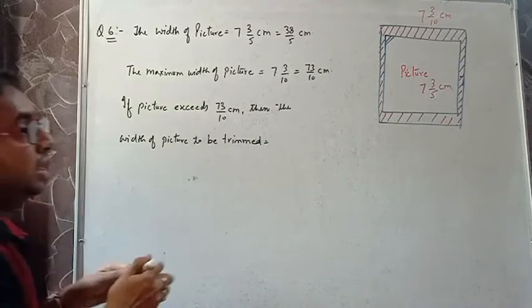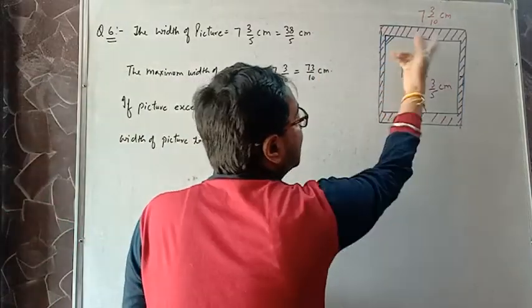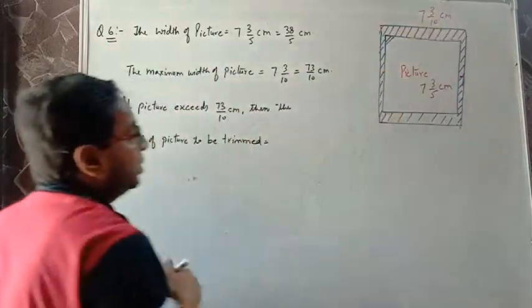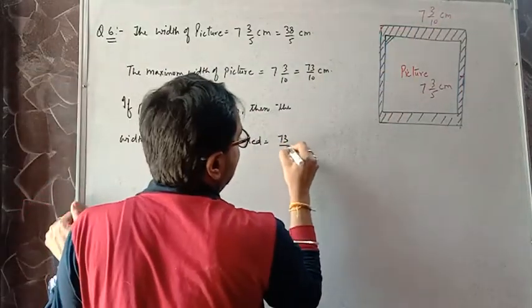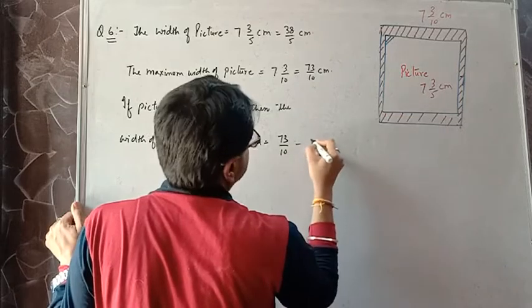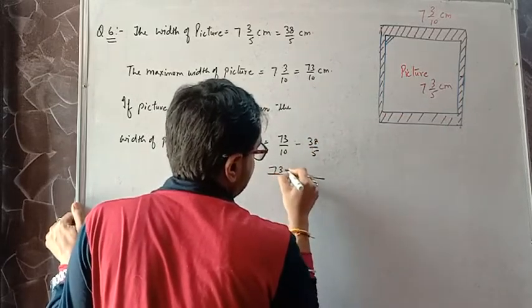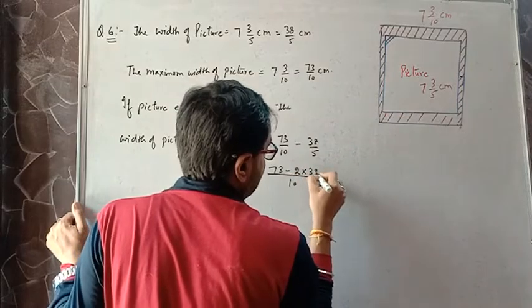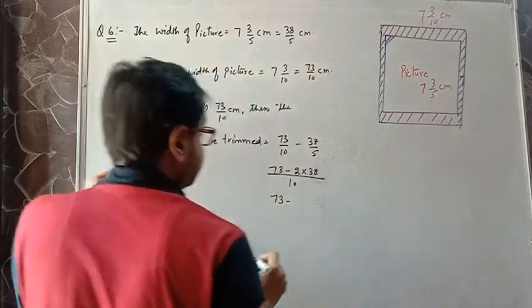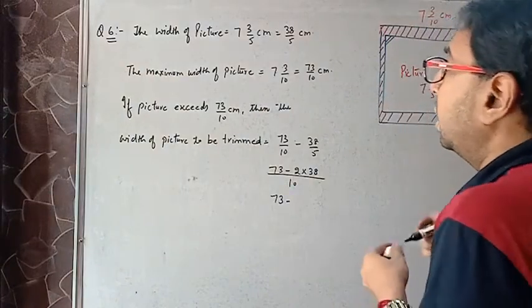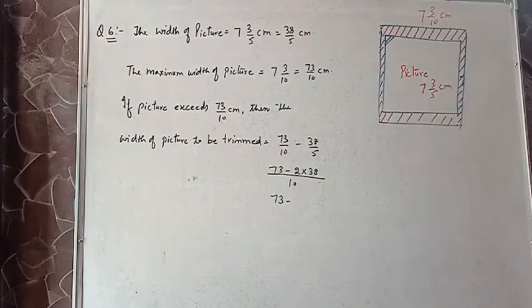If you have to fit, what will you do? You will subtract from the total. This is the width, this is what is trimmed. So therefore, 73 by 10 centimeters minus 38 by 5. So LCM 10, 73, 2 into 38, 73. I think I did something wrong here. Wait for a minute. Just let me see.